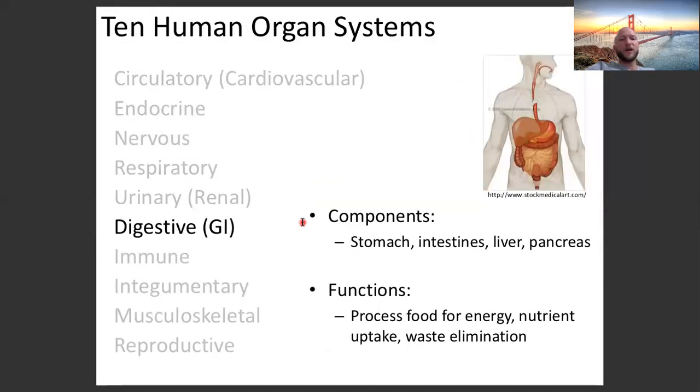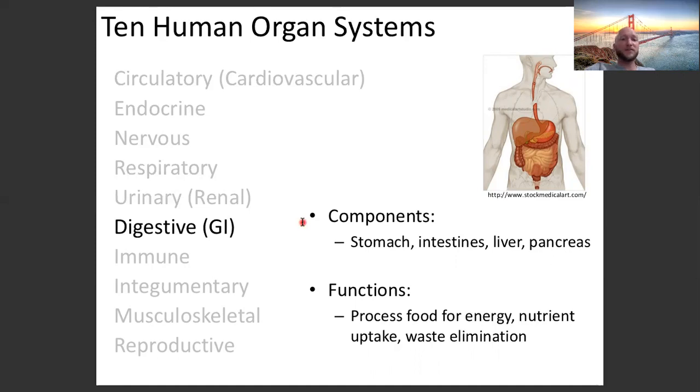Next up, we've got the digestive tract, the GI or gastrointestinal system. Three AKAs: digestive, GI, gastrointestinal. Digestive is a functional name for it. GI is an abbreviation of gastrointestinal.